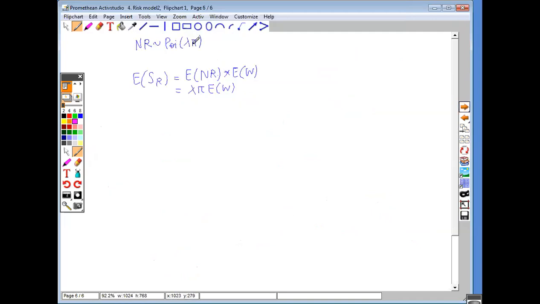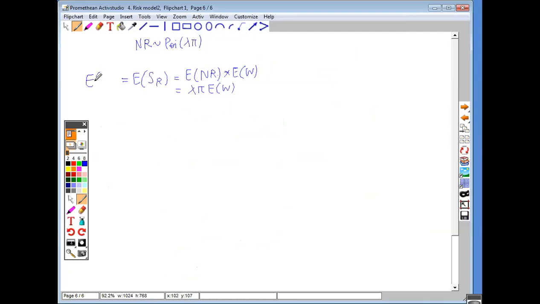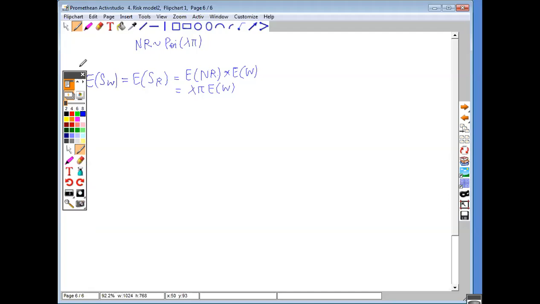And now I have used that fact. So my SW is just going to be SR, and that is nothing but lambda pi expectation of W. Is this clear with everyone? Can I have at least a yes or a no, if it's clear or not? Yes, ma'am.